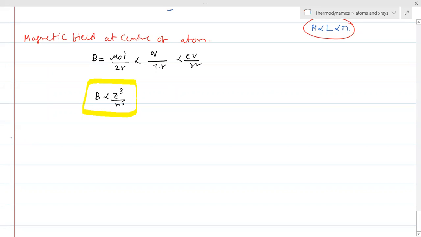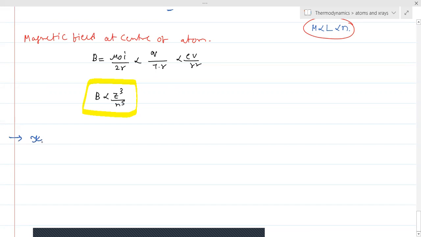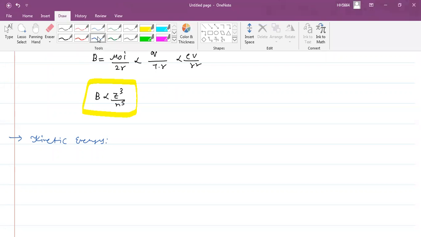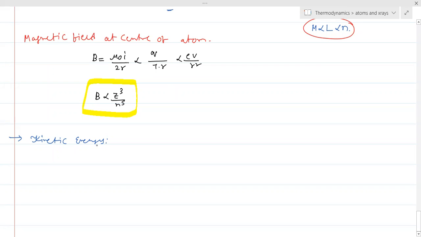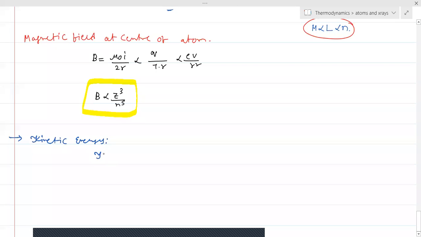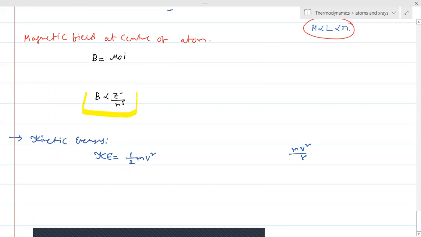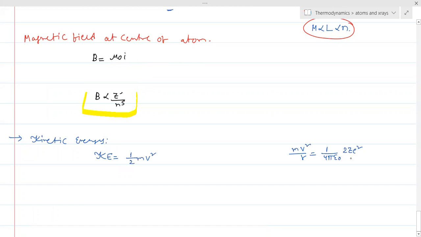Next, the most important thing is kinetic energy. Kinetic energy equals half mv square. We know the formula mv square by r equals 1 by 4 pi epsilon naught into 2 Z square e square by r square.